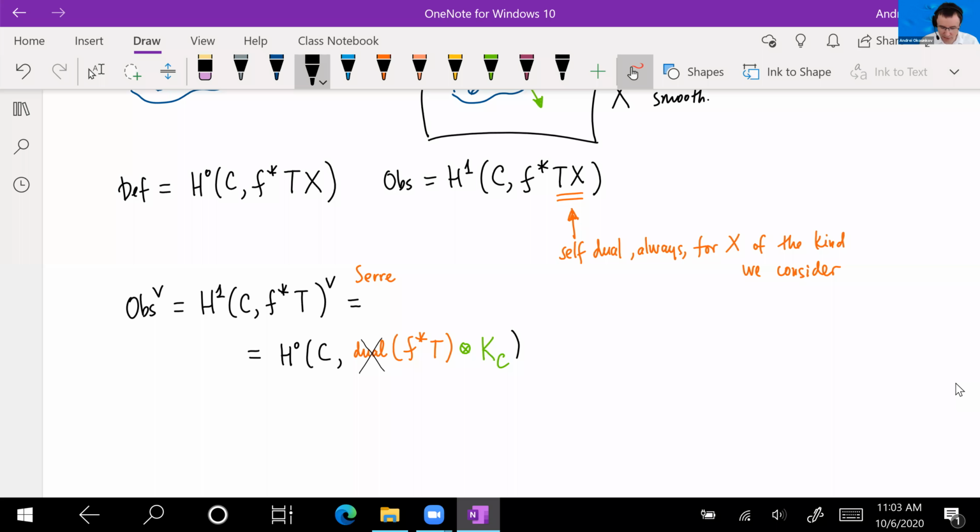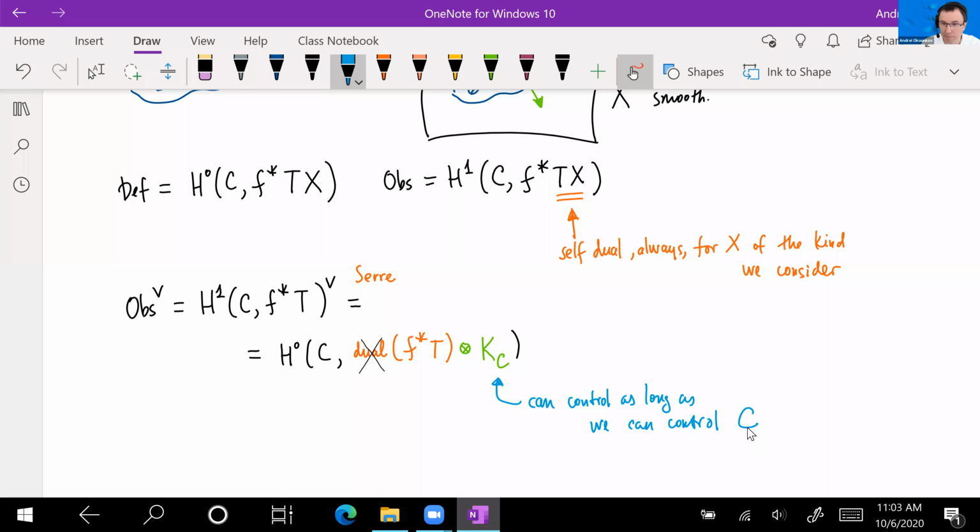So this is something we can control as long as we control the curve, the domain curve.